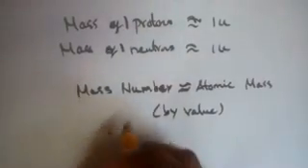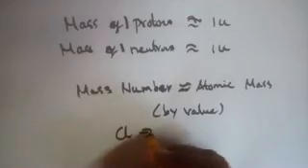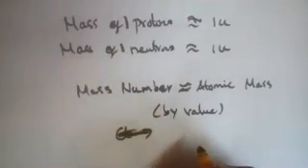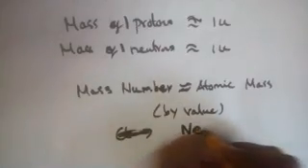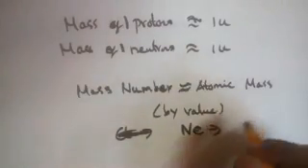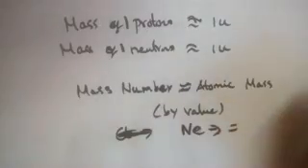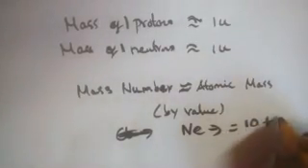Let us take another example. Sorry, let us not take chlorine. Let us take neon. The mass number of neon is given by the number of neutrons, that is 10, plus the number of protons.